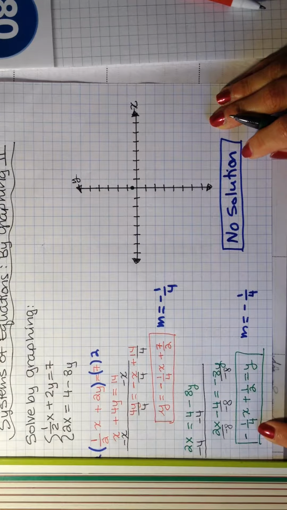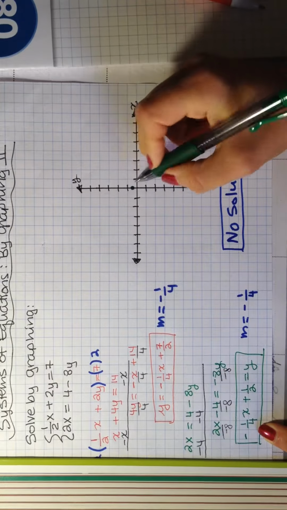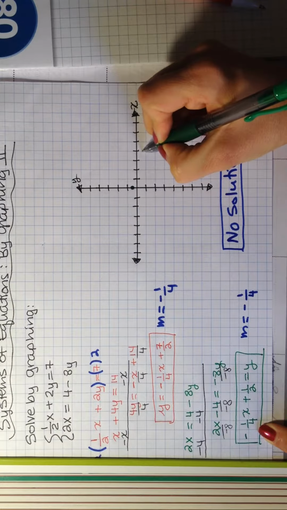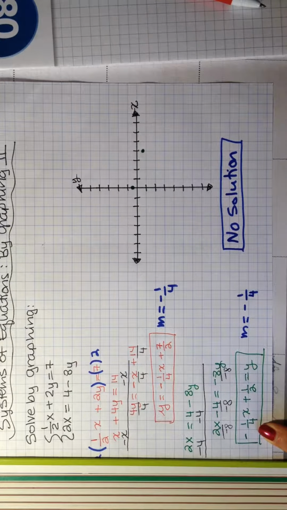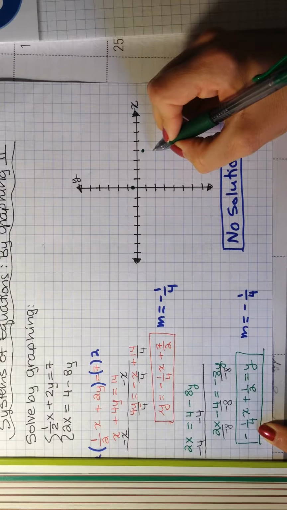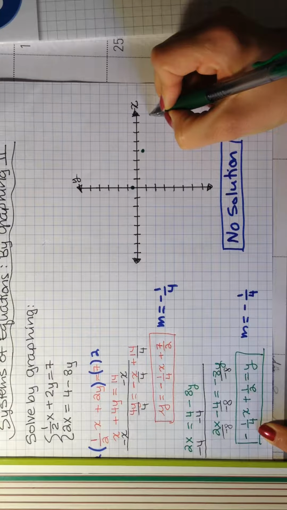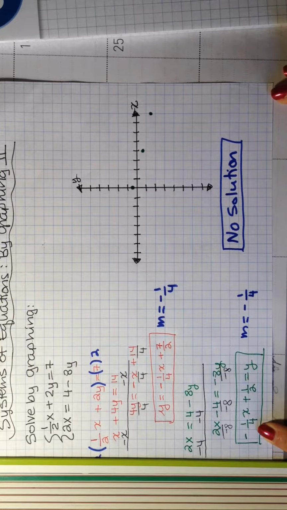Then the slope is negative 1/4, which means I have to go down 1 and to the right 4. So down 1, which would be halfway here, and to the right 4. 1, 2, 3, 4. And so I have my two points, and if I wanted to, I could go down 1 and then to the right 4 again. So I have at least 3 points.